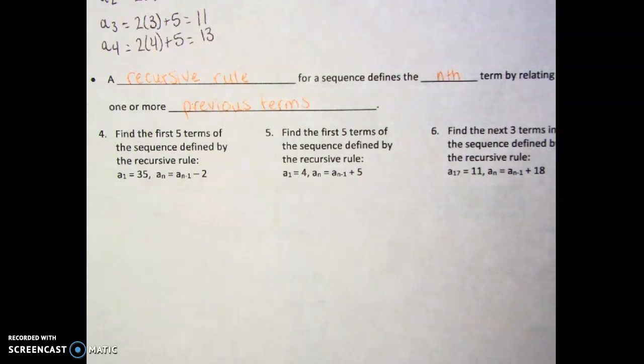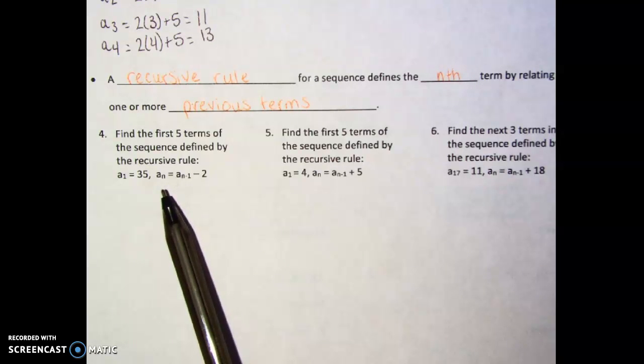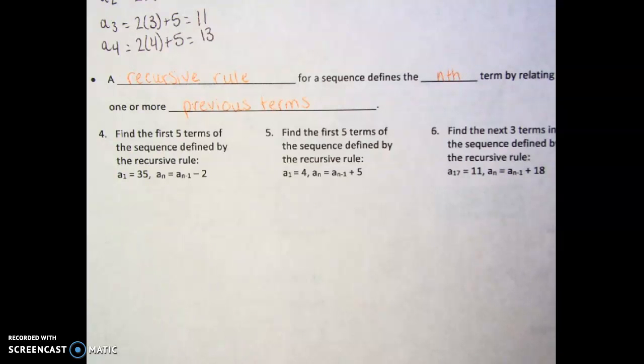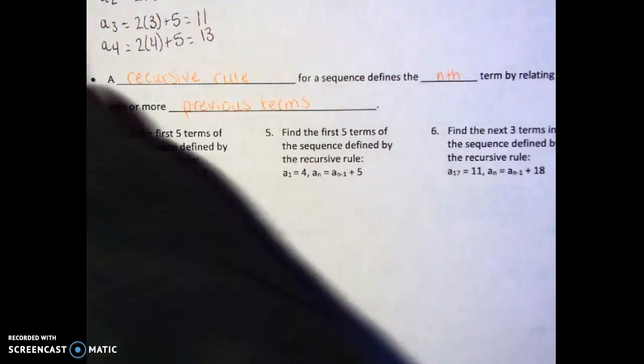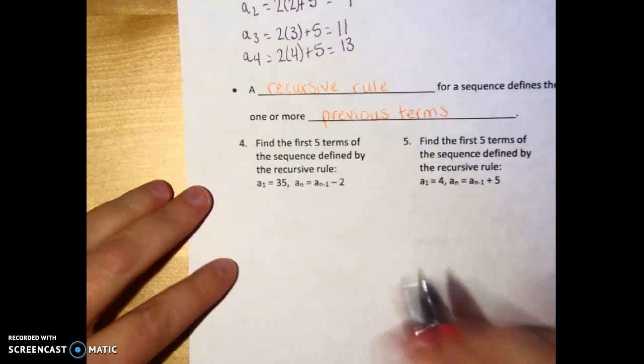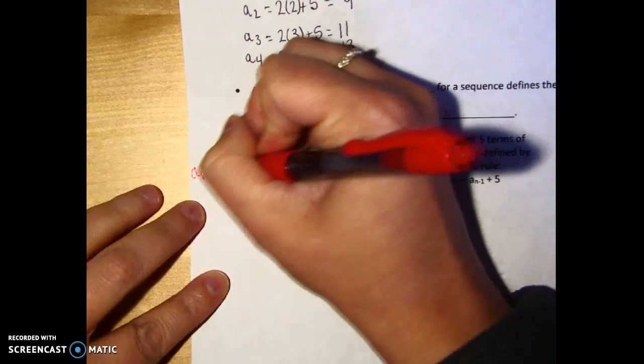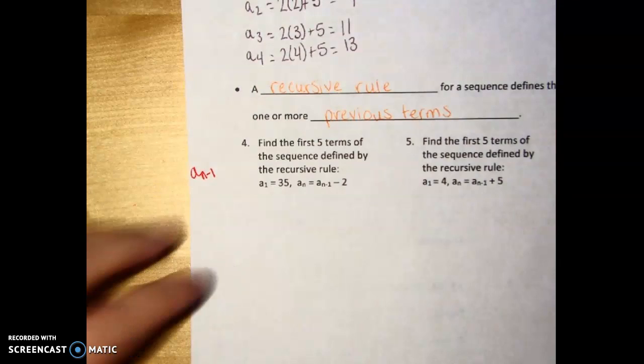So let's find the first 5 terms of the sequence defined by the recursive rule. It gives us a sub 1, and it also gives us a sub n equals a sub n minus 1 minus 2. Okay, that's kind of confusing. Let me write this over here in the margin. This a sub n minus 1, you're not actually plugging in a number for.